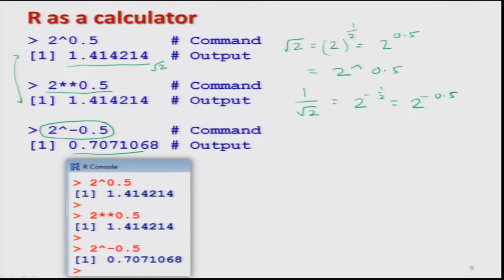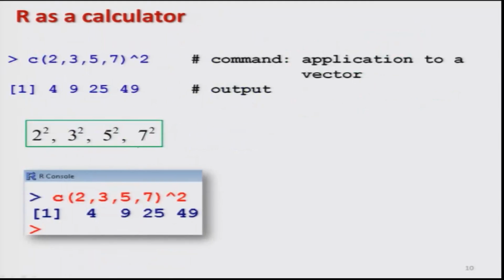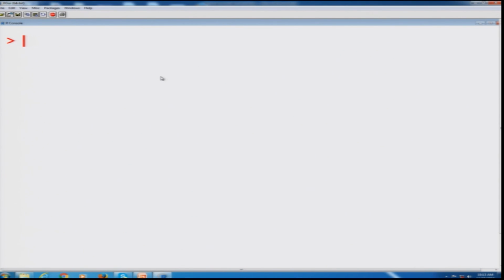Let us try to do these operations in the R GUI window also. If I write 2 hat 3, this is 8, and 2 star star 3 is again 8.